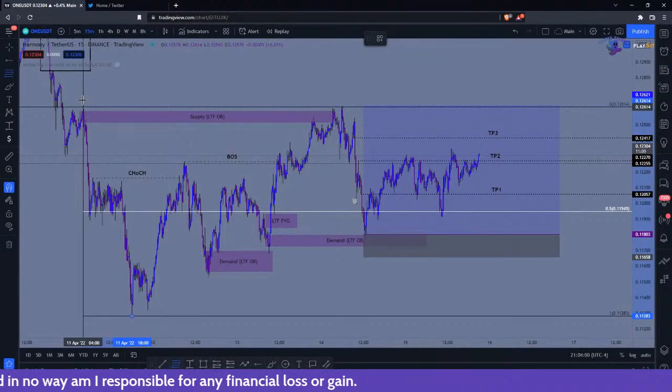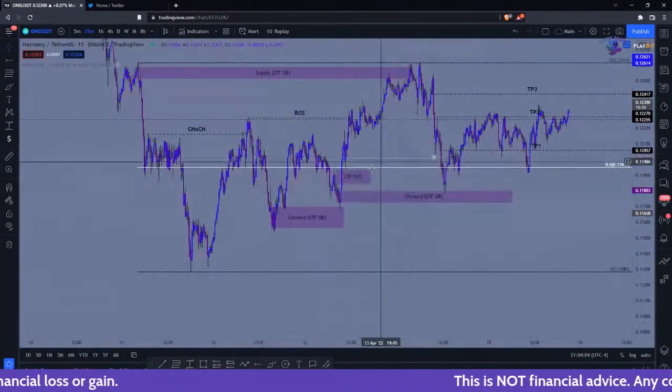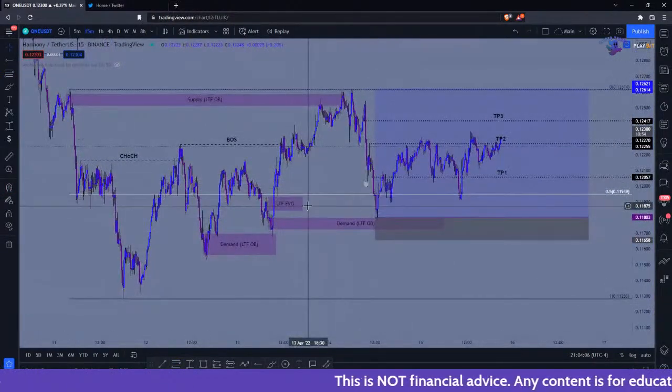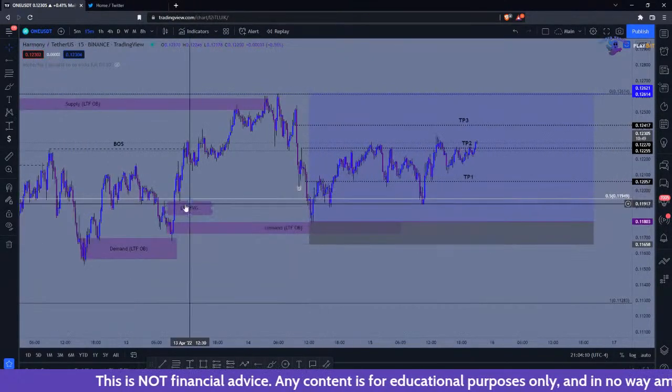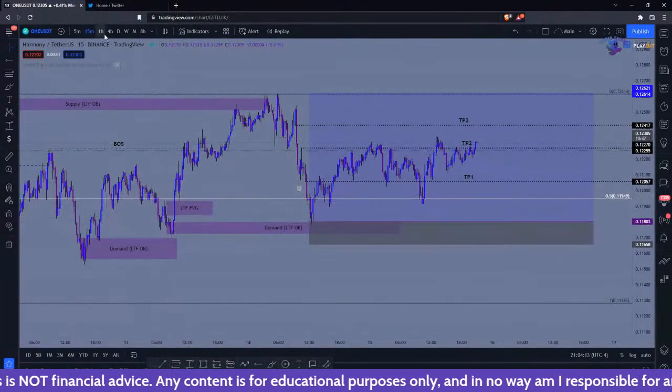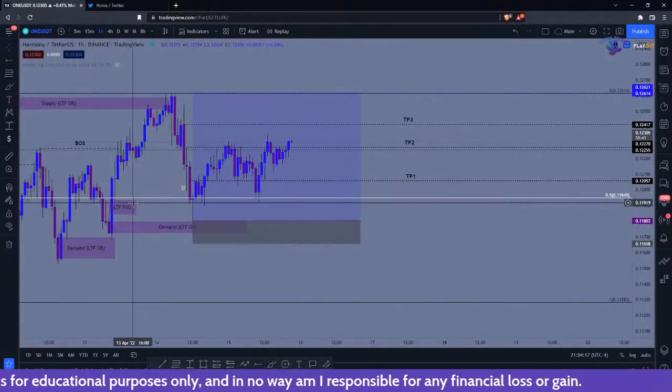But we had an order block. It was not right at equilibrium. It was actually farther in discount, which would lead us to a higher probability setup. We had a low time frame and high time frame fair value gap here that had to be filled.